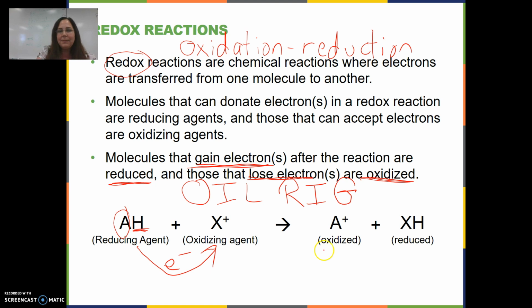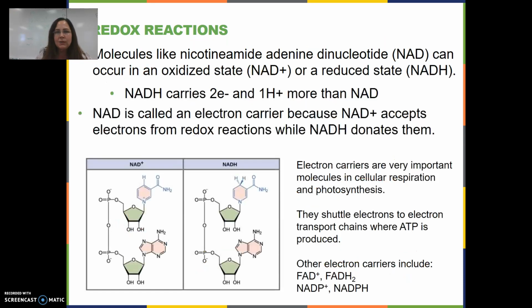And you can see that the chemical A is oxidized because it lost the electron in the form of hydrogen, and then X is reduced because it gained an electron in the form of hydrogen. So this is going to happen many, many times throughout the process of cellular respiration.